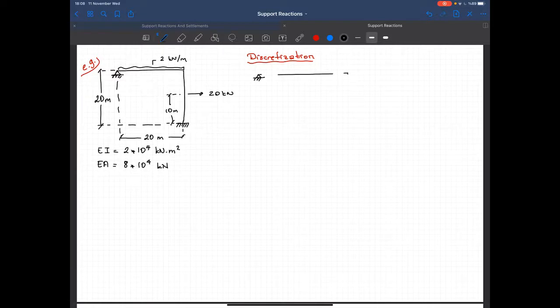We did that before, but for completeness, I'll do it one more time. So I'm just first numbering the active degrees of freedom. That's D1, D2, D3, and D4. And then I will show the inactive ones, the passive ones, D5.